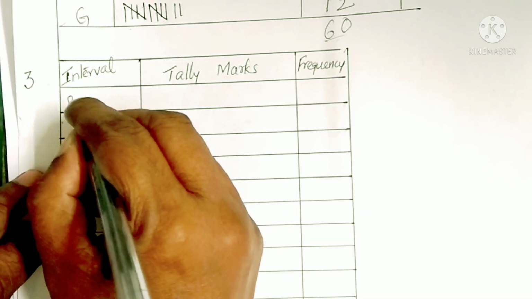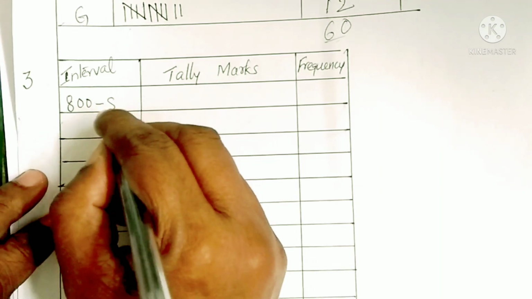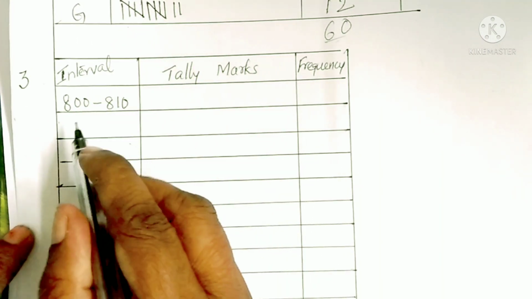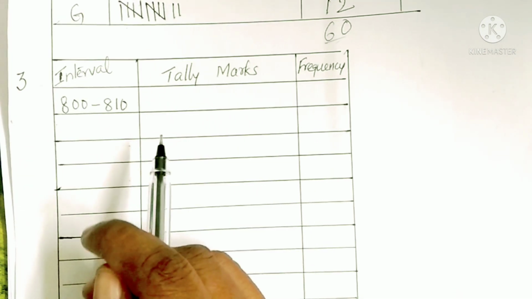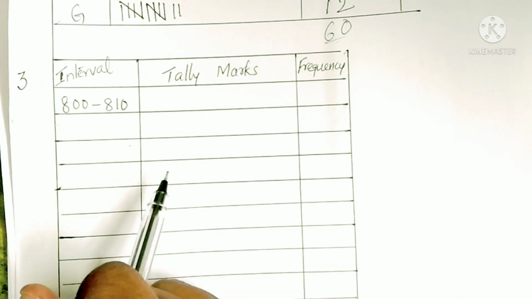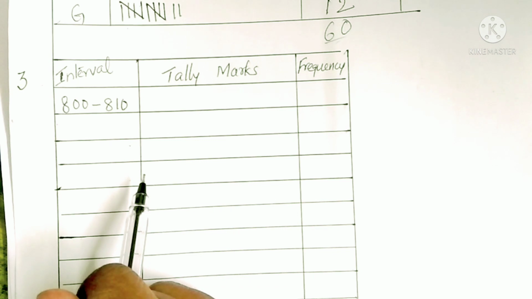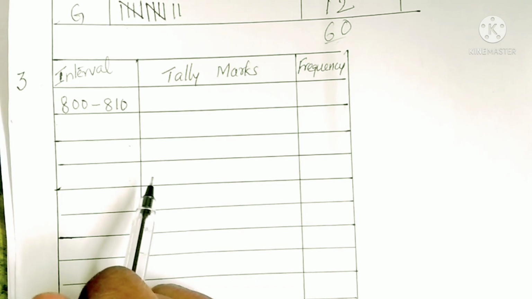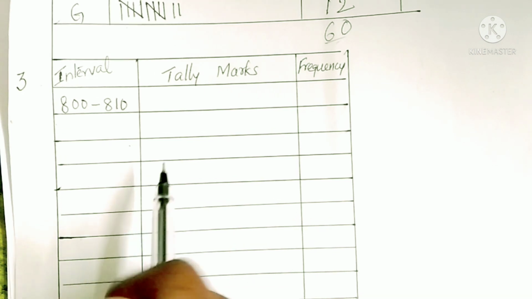800 to 810. Then, using tally marks, make a frequency table with the intervals 800 to 810, 810 to 820.